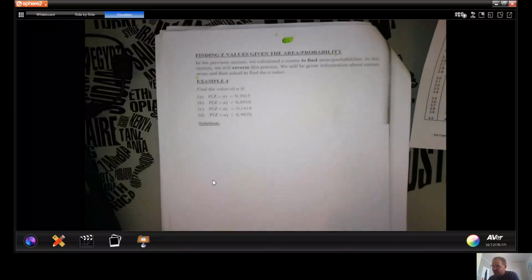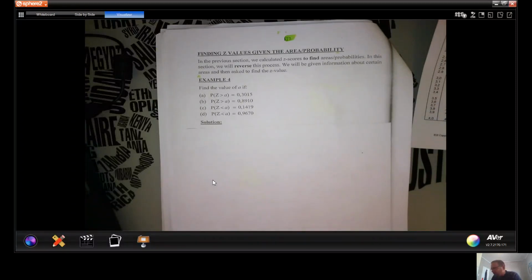Let's share our screen. Up to now, we've been given the Z scores, and we found the area.